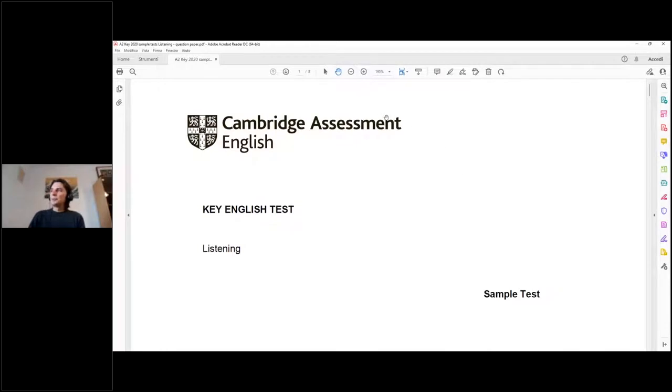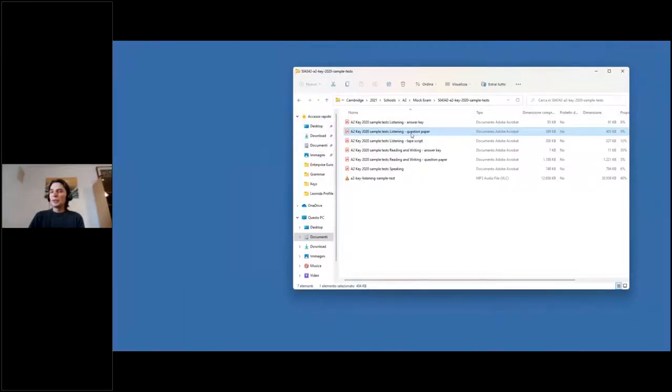So make sure you find this file, okay? Make sure you have it. Make sure you open it on your computer, because once I get started, I won't be able to stop the audio.